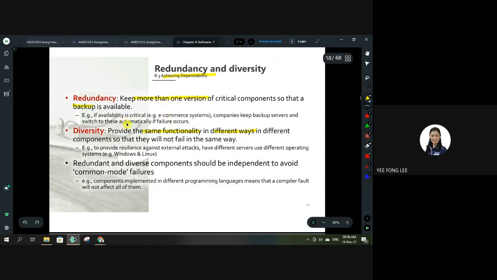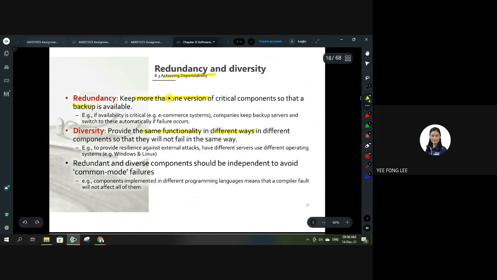So redundancy in software engineering means more than one version, referring to duplication of some components or functions with the intention to enhance the reliability of the system.